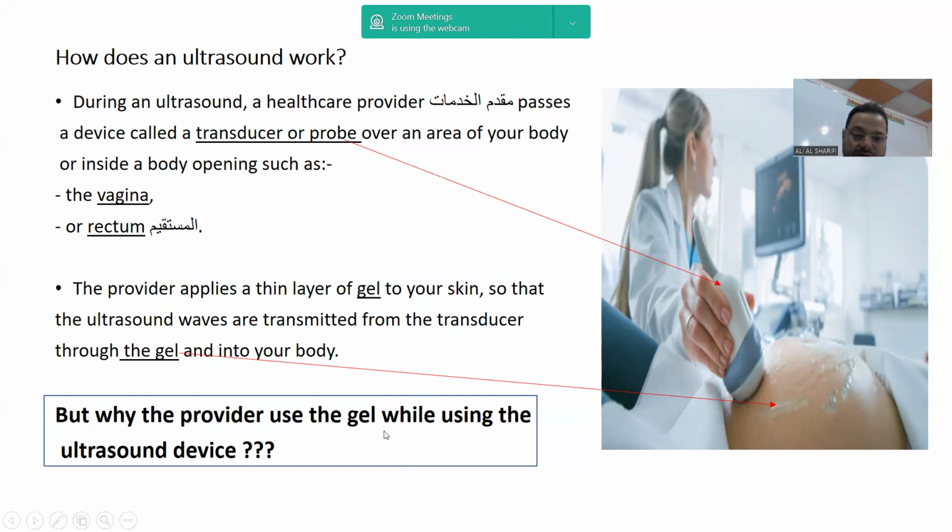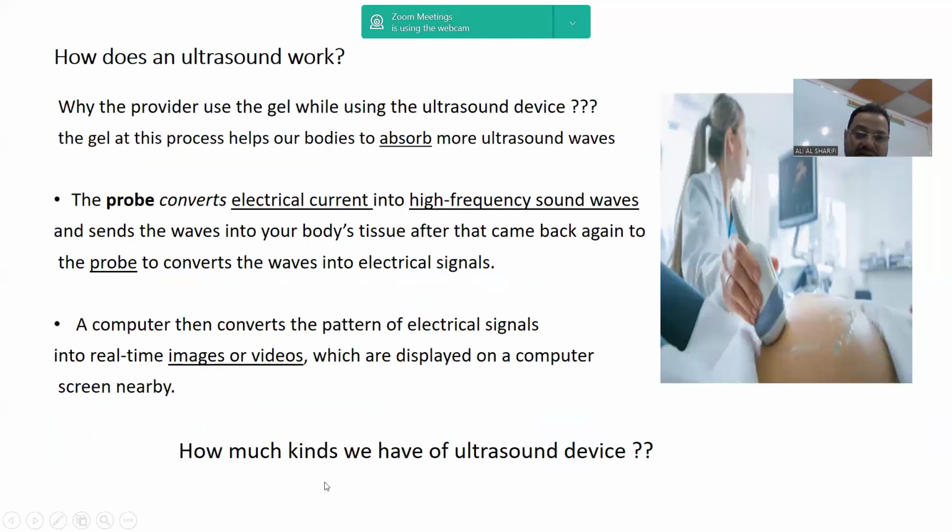But why does the provider use the gel while using the ultrasound device? Because the gel has an important role: it helps our bodies absorb as many ultrasound waves as possible. The probe converts the electrical current, like I said before, it works on alternating current, into high frequency sound waves by the PZT inside the probe.